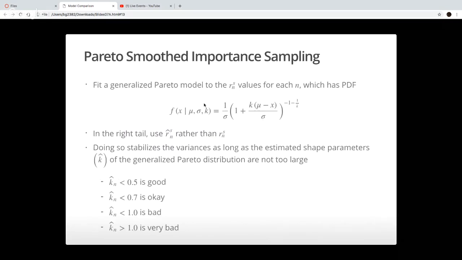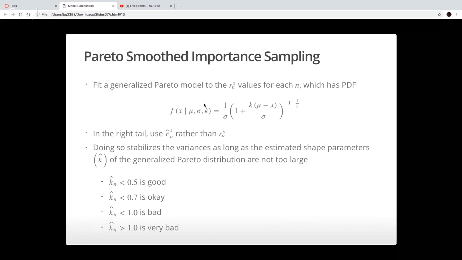So is there a way that we can obtain weights that have less noise without introducing very much bias? The solution to that problem is to fit a so-called generalized Pareto distribution to the tail of the weights. The generalized Pareto distribution has this PDF here.